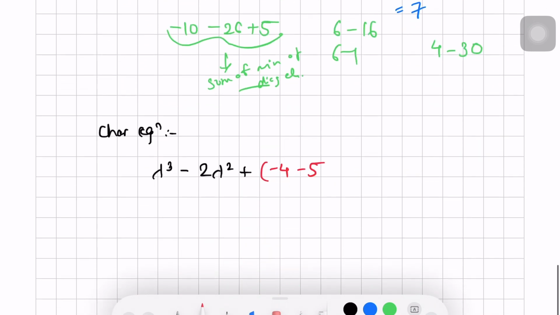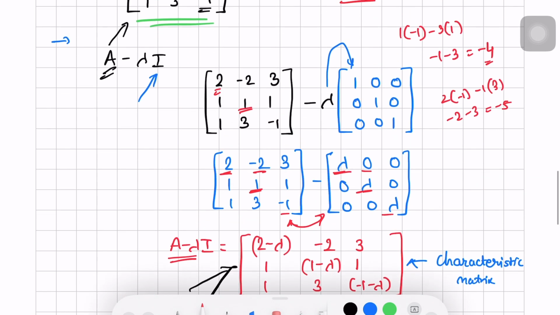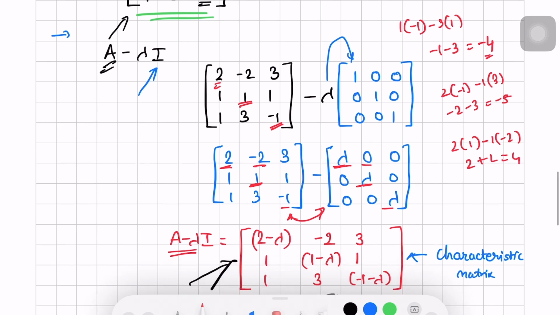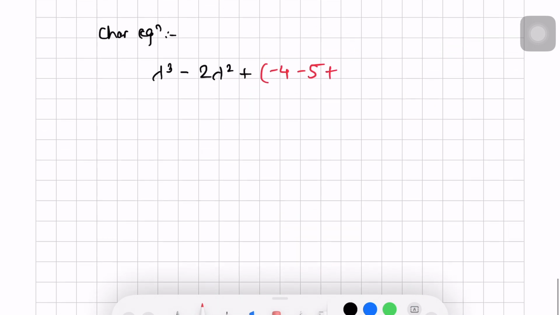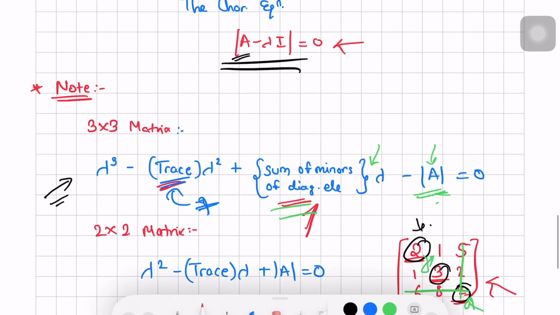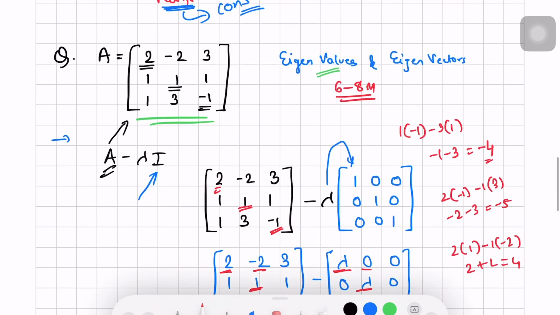Putting it in here. Next, the minor of this would be 2 into 1 minus 1 into minus 2, which will give us 2 plus 2, which is 4. Plus 4. And then we will find out the determinant of this matrix.